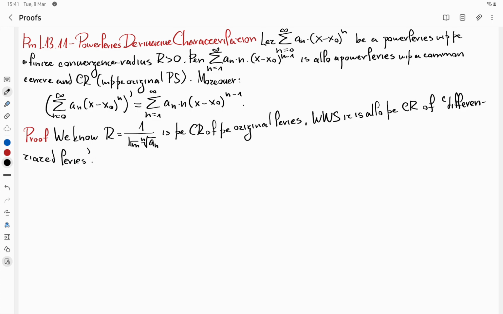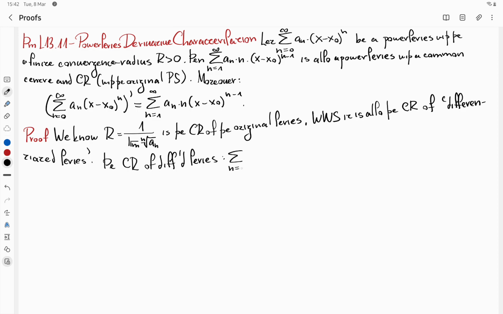Okay. The convergence radius of the differentiated series, whatever it is, you can write out the series explicitly.